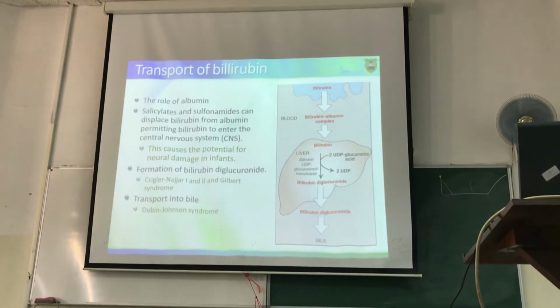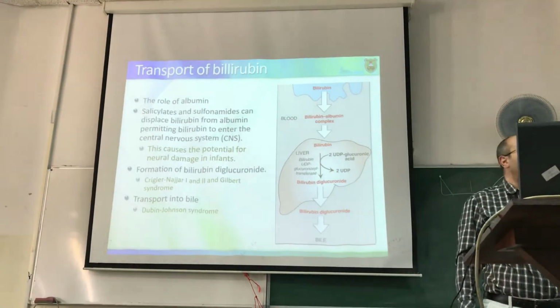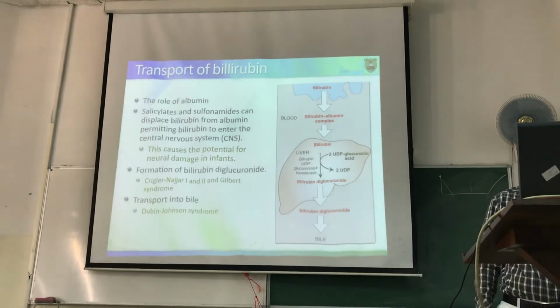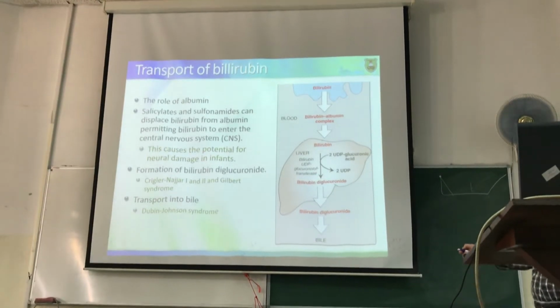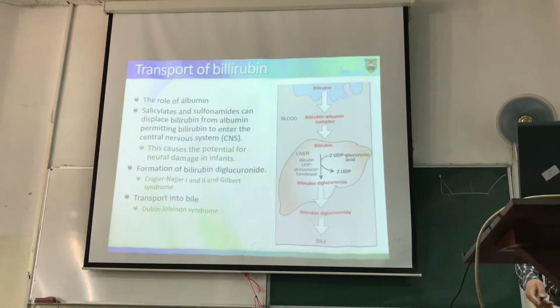So now, bilirubin reaches the liver. Okay, and in the liver, it gets conjugated by diglucuronide molecules. The idea again is to make the molecule hydrophilic. And this is catalyzed by the glucuronosyl transferase enzyme. So again, now we have bilirubin diglucuronide, hydrophilic, it goes into bile, and from bile it goes into the intestines.